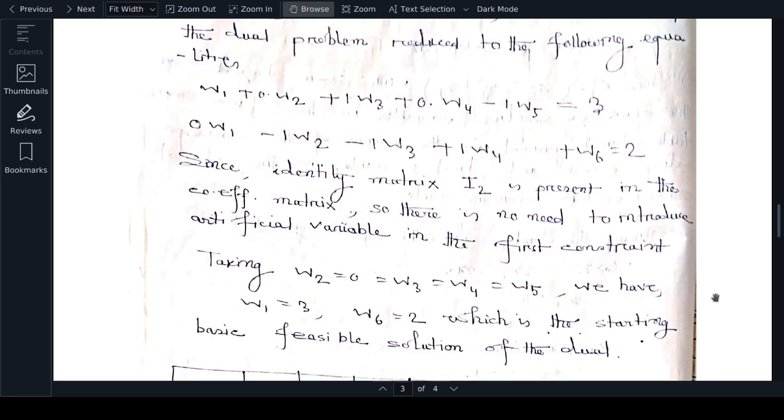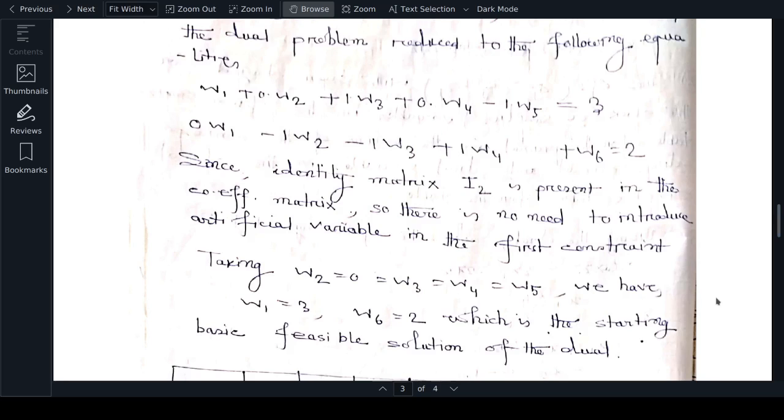Suppose here W1, W2, W3, W4, W5, W6 up to 6, but if we use an artificial variable, then up to W7. But here there is no need. One important question is: why do we use an artificial variable? For getting the identity matrix, but here it already exists. The first column of the identity matrix exists in W1. So we will not use an artificial variable here.